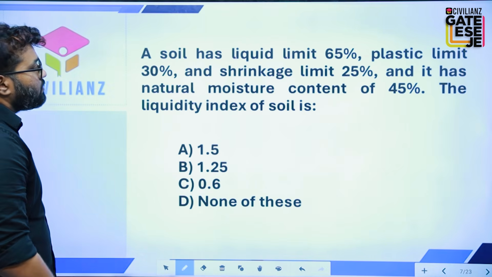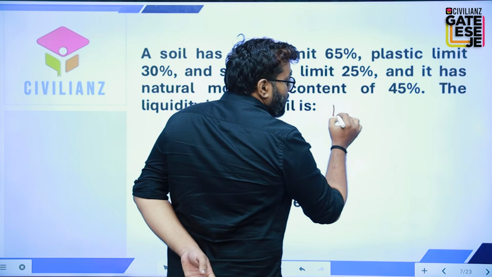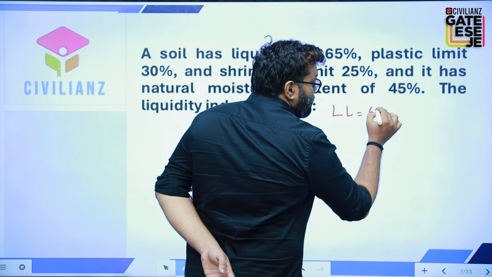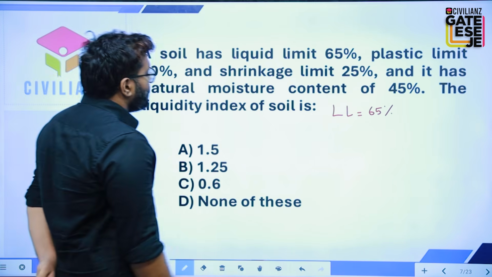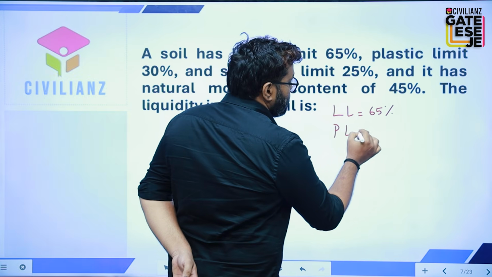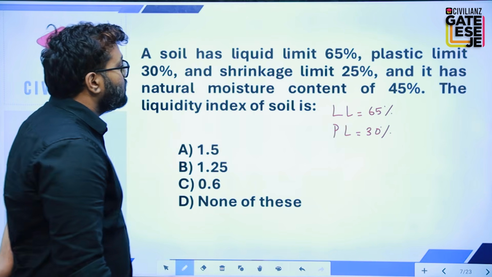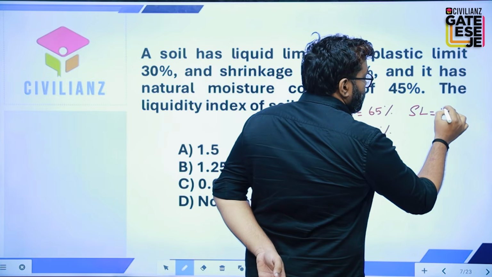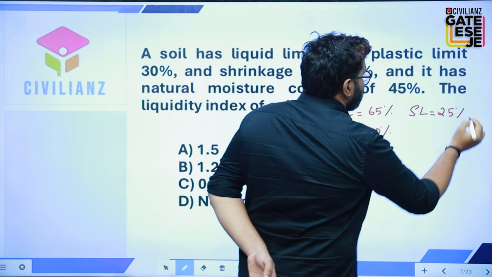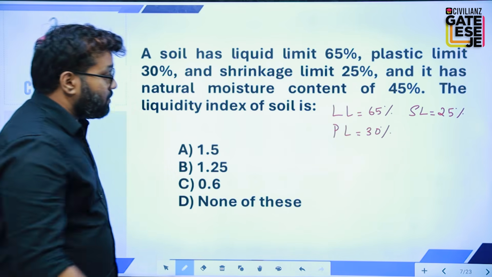Next question. If a soil has liquid limit 65%, plastic limit is equal to 30%, shrinkage limit is equal to 25%, and it has natural moisture content of 45%.